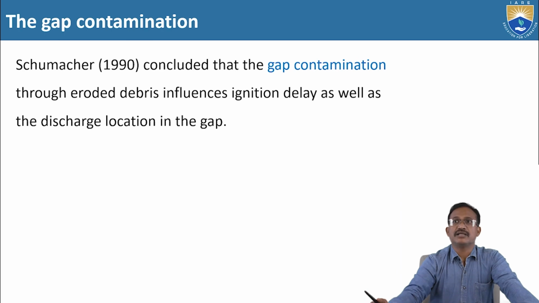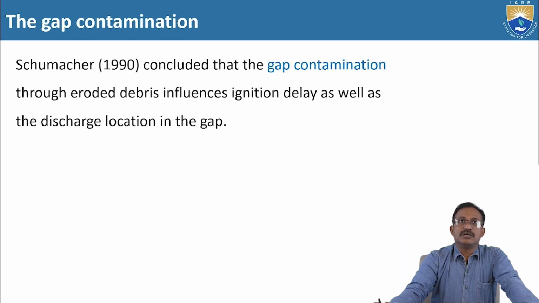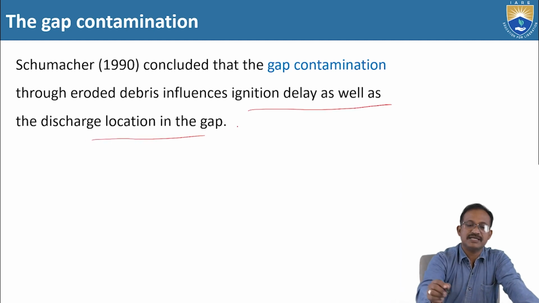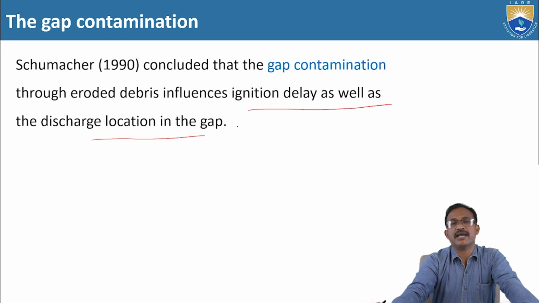Next, the gap contamination. Schumacher, during 1990, concluded that the gap contamination through eroded debris influences ignition delay as well as the discharge location in the gap. Already we have discussed that there will be an arc generated between the tool and the workpiece.